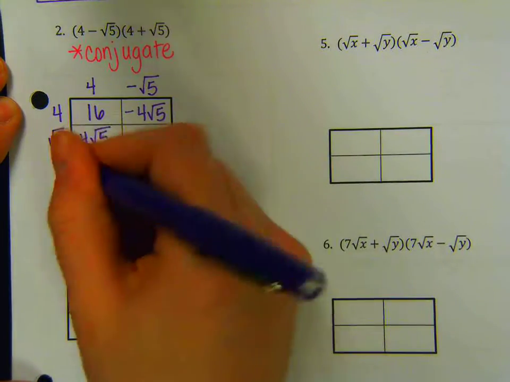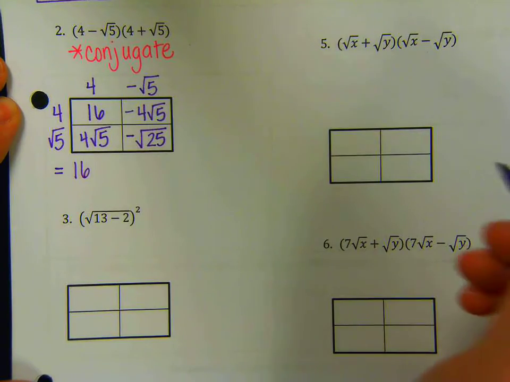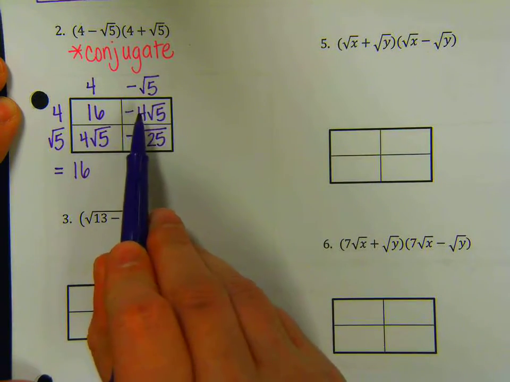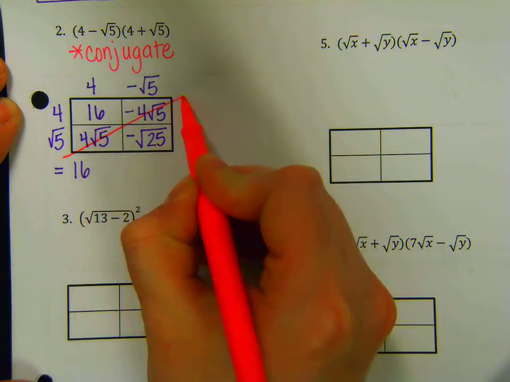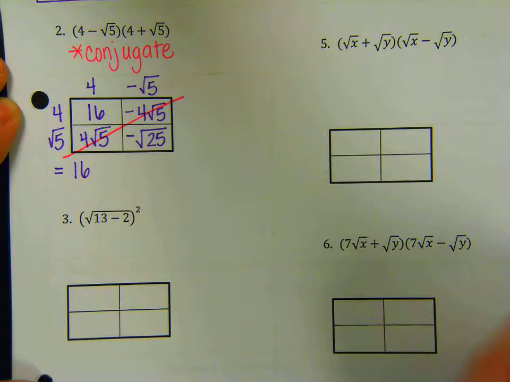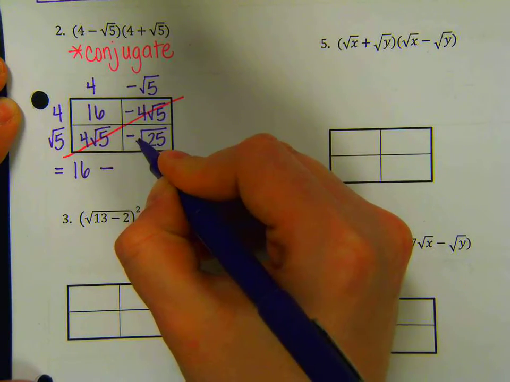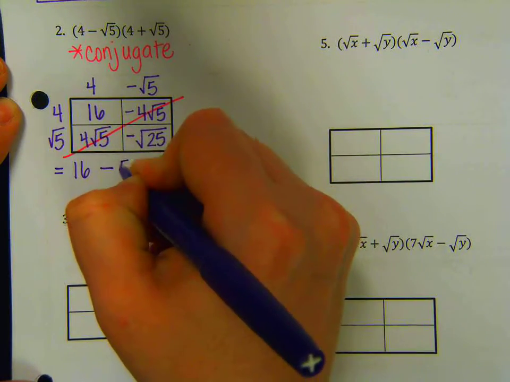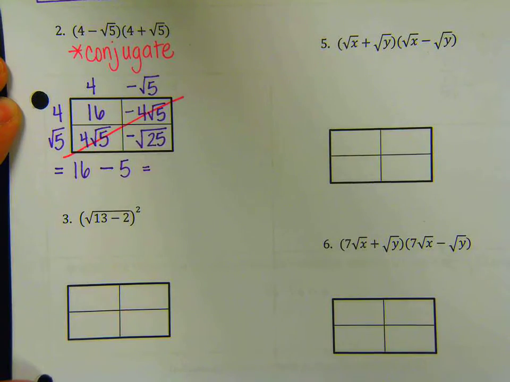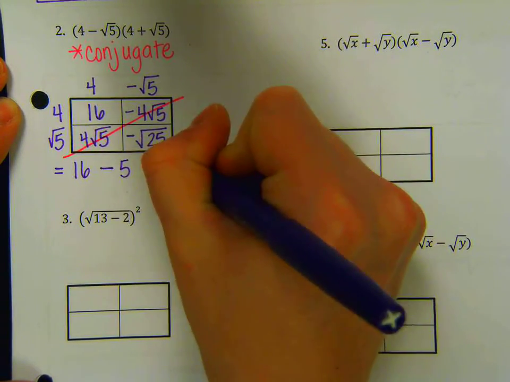Okay, now I'm going to combine like terms here, so we have 16. Now, one of these is a negative, the other one's a positive. So what's going to happen there? I don't have to add these together, they're just going to cancel off right away. And then I have minus, because there's a negative sign right here. Now, what's the square root of 25? 5. Okay? So 16 minus 5 is 11. So that would be my final answer for that one.